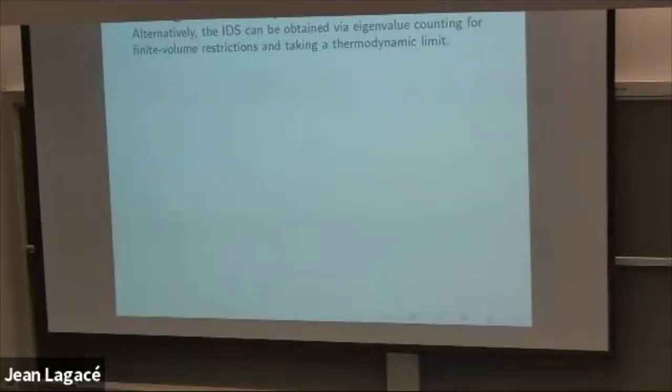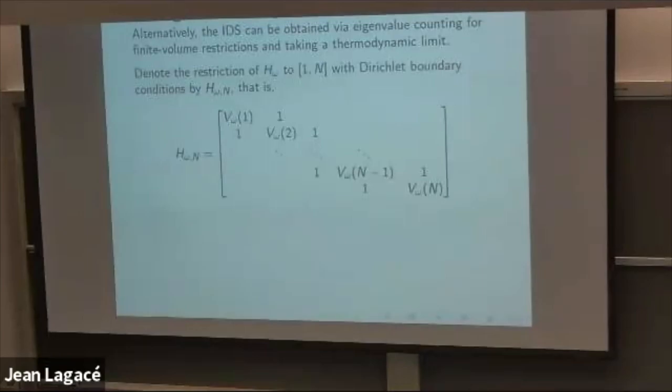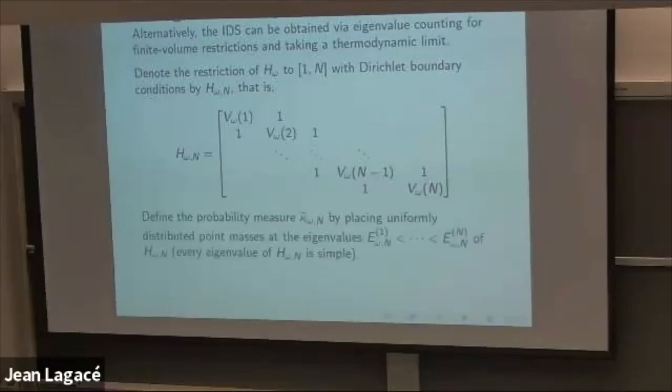That's the first perspective on the IDS, but there's a second one, and both are useful. For the second perspective, you take your Schrödinger operator, Laplace plus potential, and you restrict it to an interval of length n with Dirichlet boundary conditions. Now you get this tridiagonal n by n matrix. First of all, it has real eigenvalues, but it's also easy to see that the eigenvalues are simple.